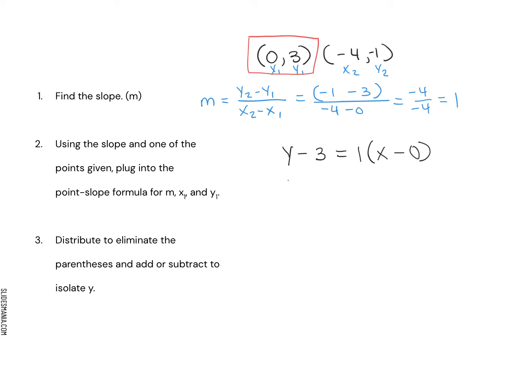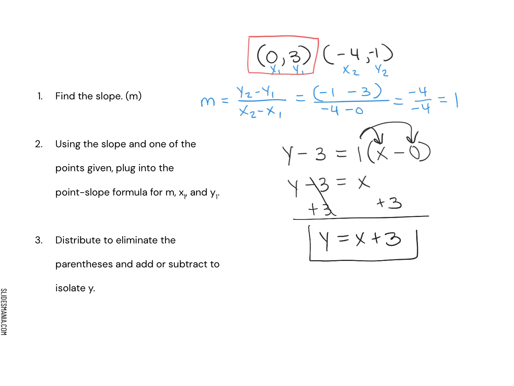So now we have y minus 3 equals x. If I distribute 1, 1 times 0 is 0, we're not going to even write that, and 1 times x is x. So we just have y minus 3 equals x. Add 3 to both sides, and we have y equals x plus 3. And that is our equation in slope-intercept form.